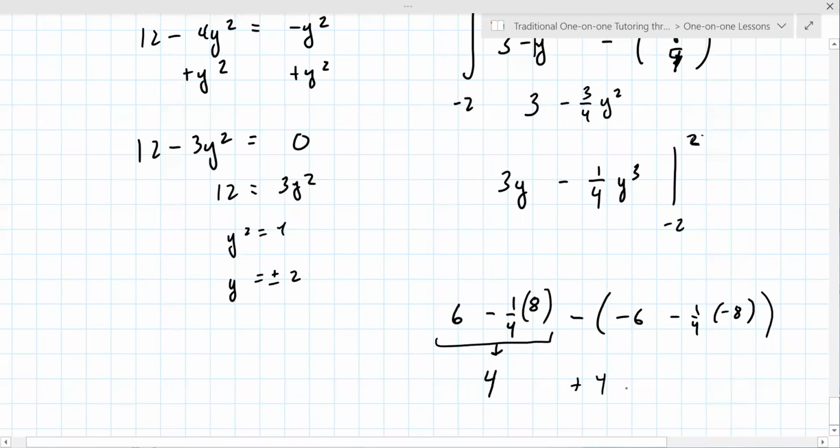So then that's 4 minus, that's minus 6 plus 6. That's minus 8, and it becomes +2, so minus 2. 4 plus 4, 8. Yep, I got the same thing.